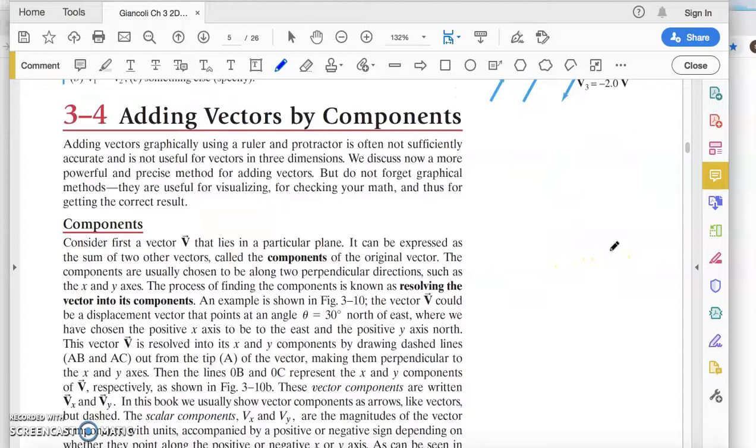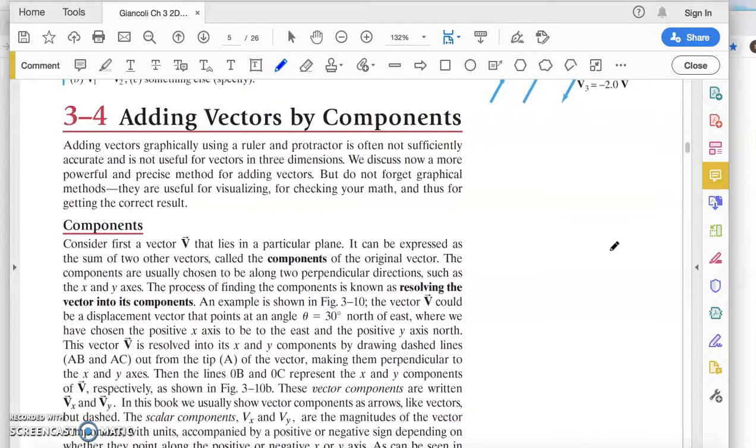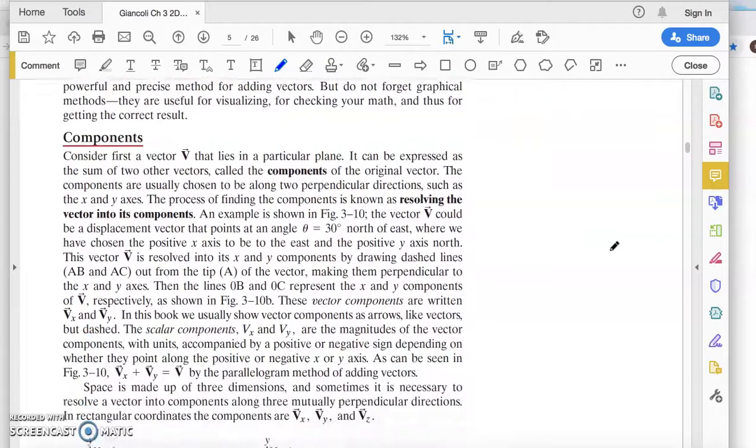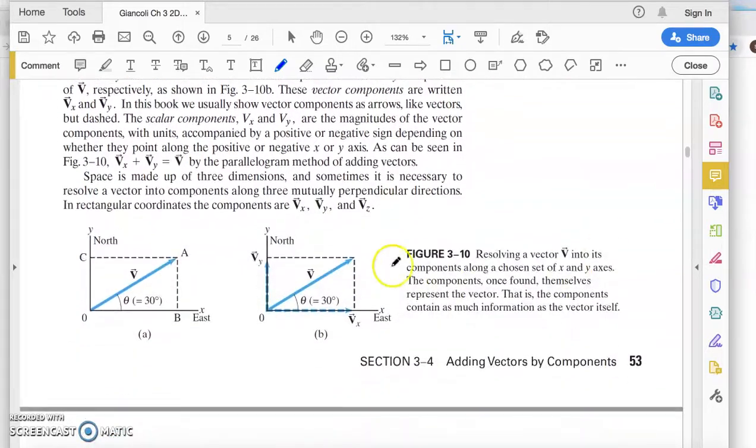Great. Adding vectors by components. Now this is a bit more complicated, but seriously, I want you to go through them. If we have this vector that we've been mentioning from the beginning of chapter 2, that it has an angle with the x-axis or with the y-axis, each vector which is not originally on the x or the y-axis already has two components, x component and y component.